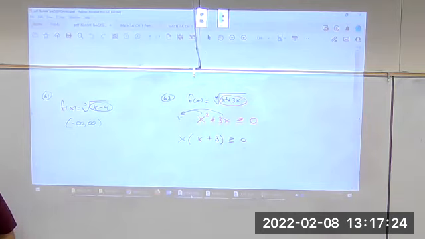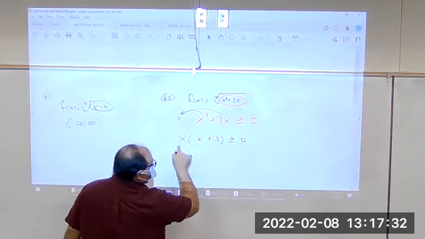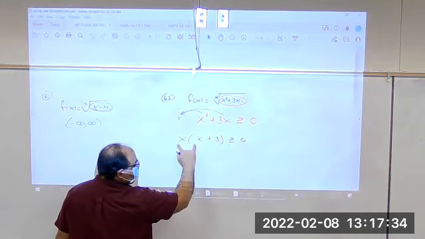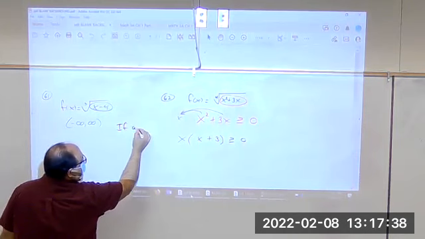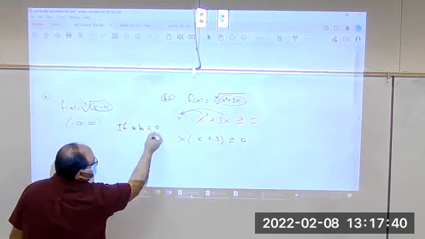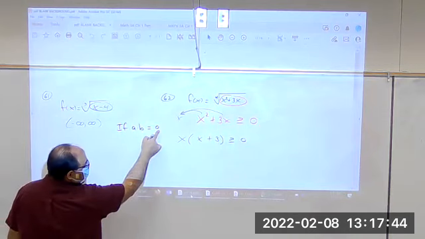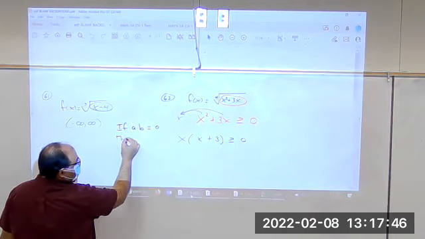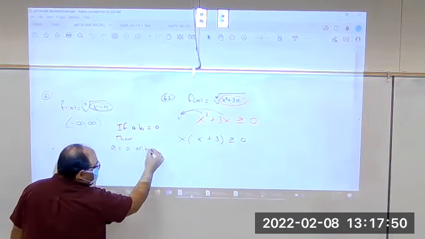All right. Now, let's talk about the 0 part. Let's let it equal 0. This multiplication problem equals 0 if A times B is equal to 0. If the product of A times B is 0, then A is equal to 0 or B is equal to 0.